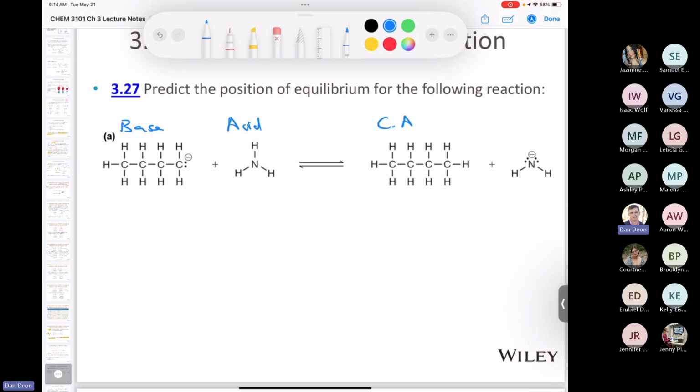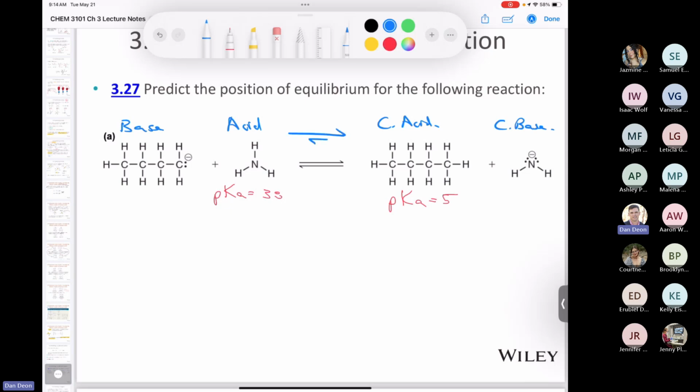This must be our conjugate acid, and this must be our conjugate base. So now let's look at the pKa's of the two acids. The pKa of ammonia was around 38, and the pKa of an alkane was around 50. The equilibrium is going to lie to the side of the weaker acid. And so if we take a look at our equilibrium arrows, they should lie to this side.